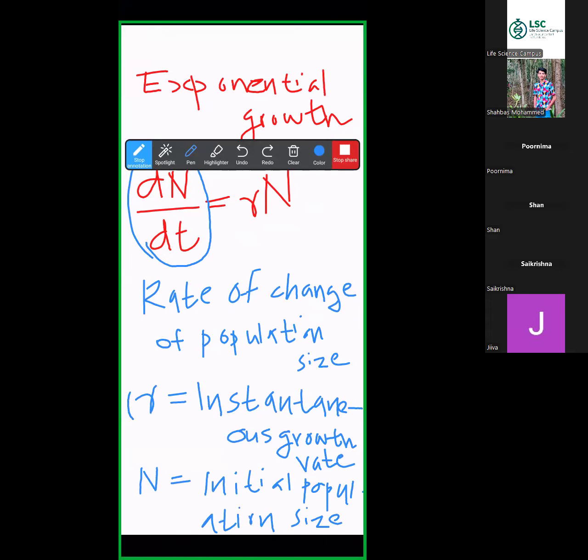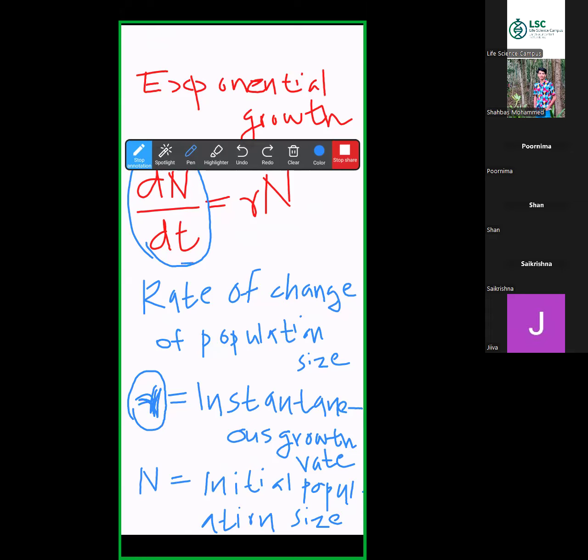So this R is for exponential growth. We know that it is exhibited by continuous breeders. So there is an increase in the population size in every instant because they are continuous breeders.